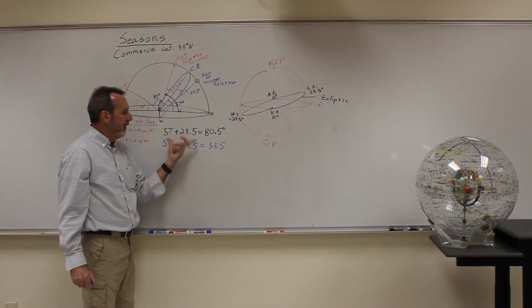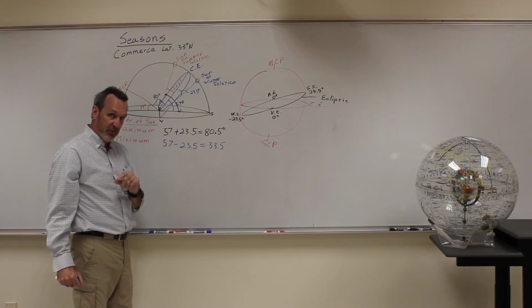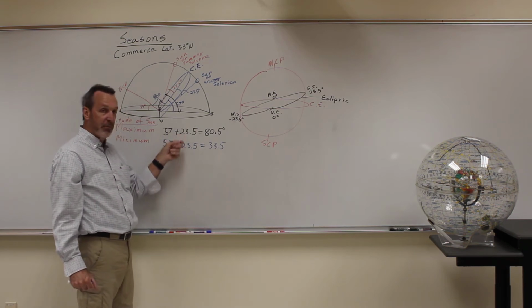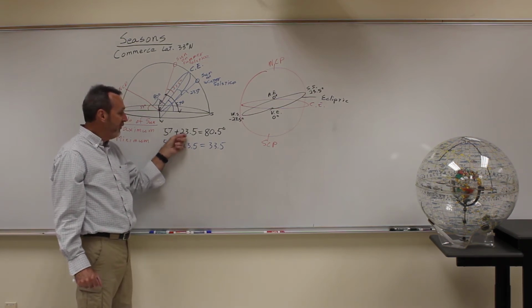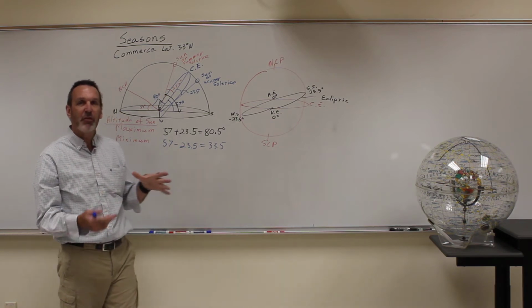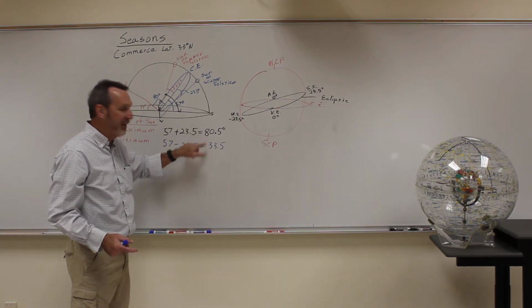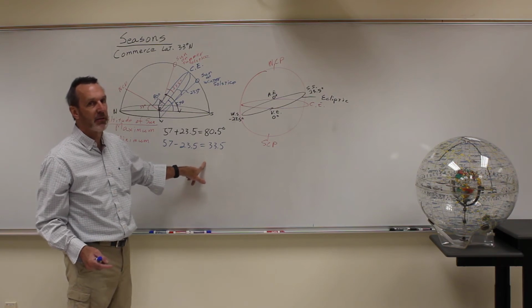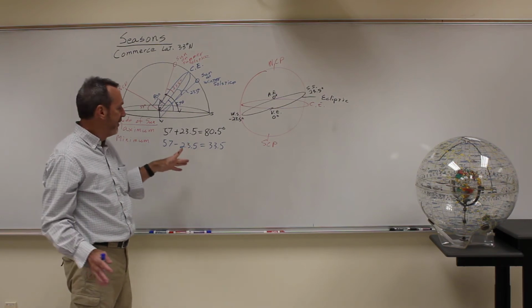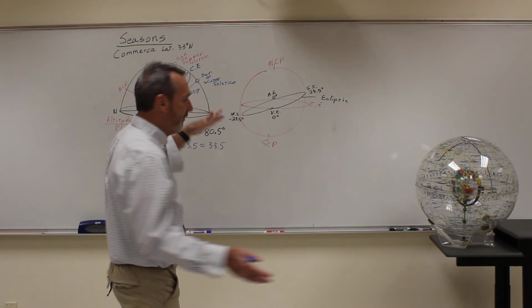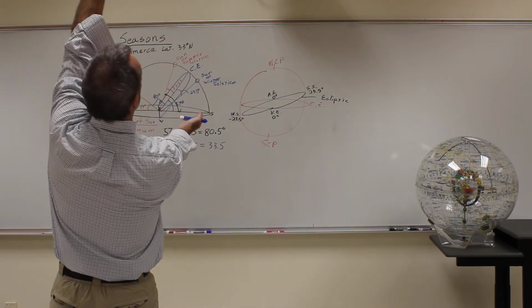All right. You can always check yourself. Because look, it's 23.5 above, 23.5 below. So if you add that together, 23.5, 23.5 is 47 degrees. Those have to be exactly 47 degrees apart. Everywhere on the earth. So for us, the sun goes from an angle down here up to here.